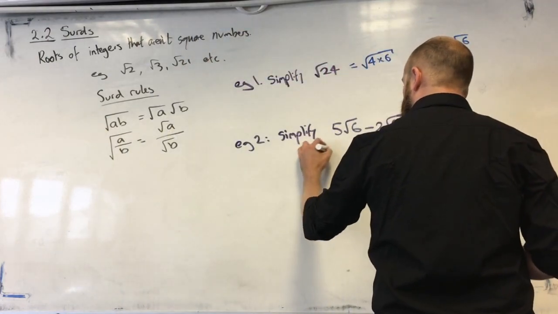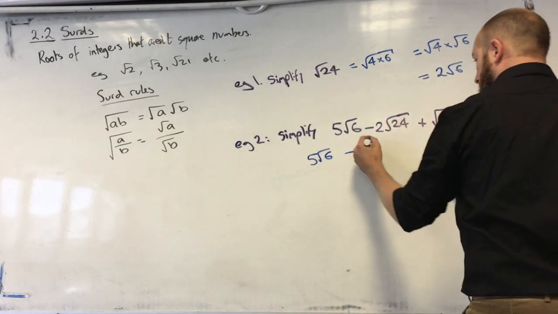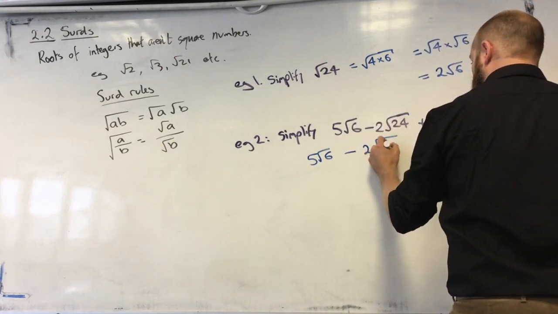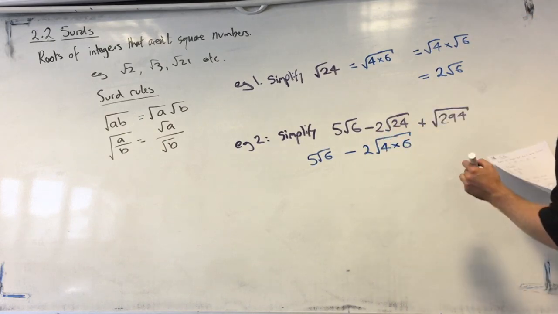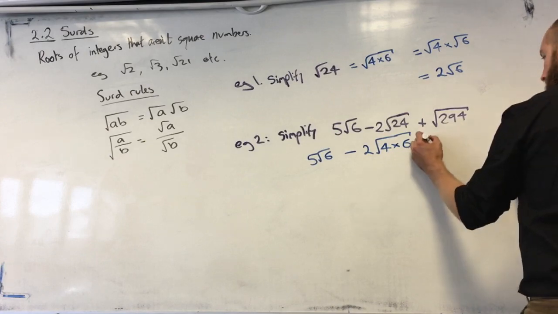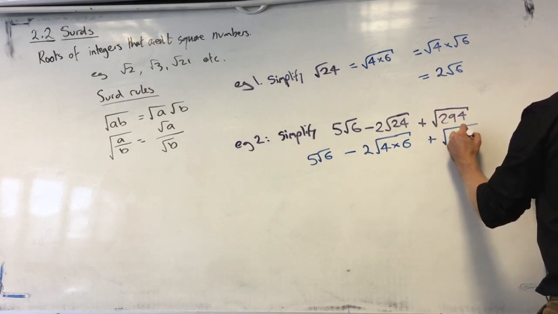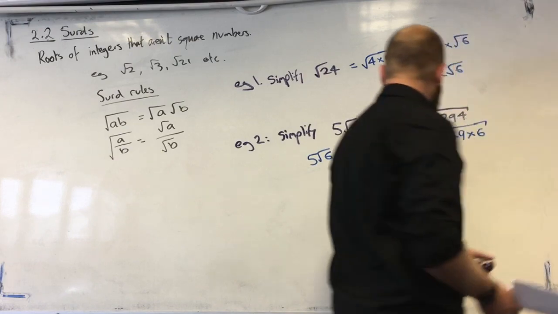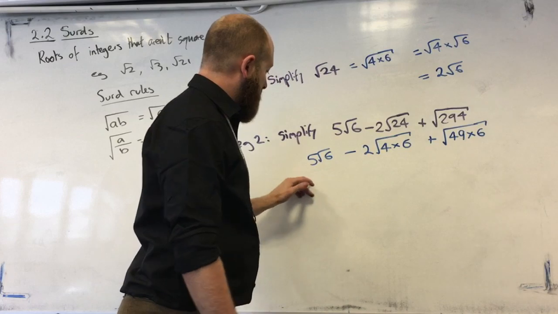So keep 5 root 6's in. Root 24 we saw earlier, we can split up like this. We'll say it's 2 times root 4 times 6. And the next one we can say it's plus root 49 times 6. So root 4 again we can split up, and root 49 we can split up as well.